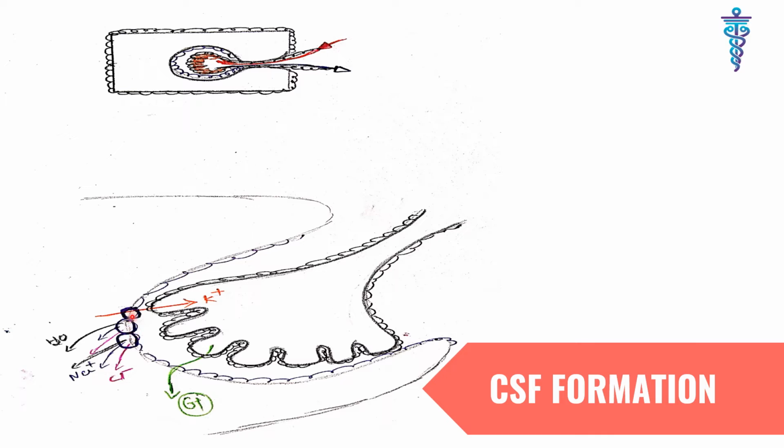When compared to the blood plasma, CSF has a higher concentration of sodium, chloride and magnesium, but a lower concentration of potassium and calcium. Unlike plasma, CSF has only trace amounts of cells, protein and immunoglobulins. The choroid plexus is located in the lateral ventricles, on the roof of the third ventricle and also the roof of the fourth ventricle.